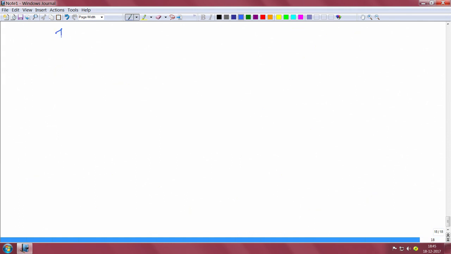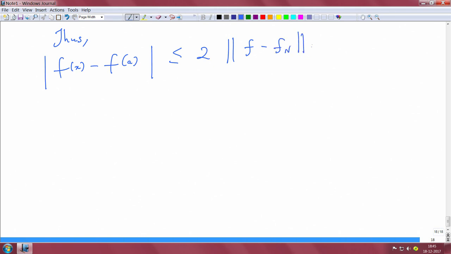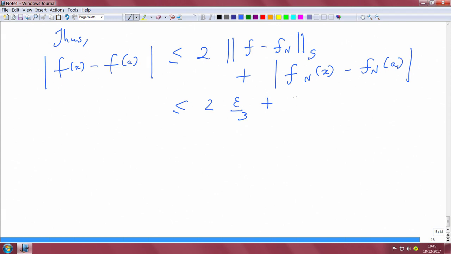So thus the absolute value of f of x minus f of A is less than or equal to 2 times the supremum of f minus Fn, plus the absolute value of Fn of x minus Fn of A. This is less than or equal to 2 times epsilon upon 3, and this is also epsilon upon 3, therefore this is equal to epsilon, for all mod x minus A less than delta.